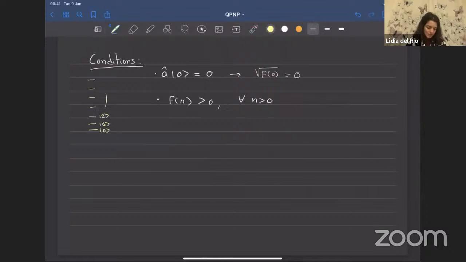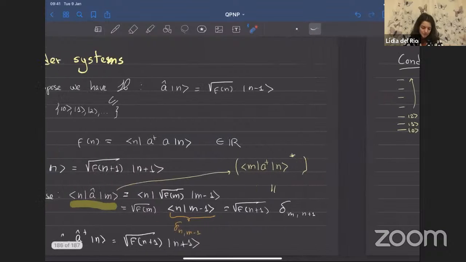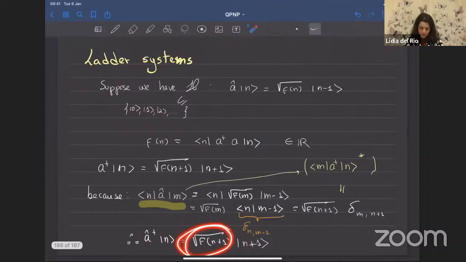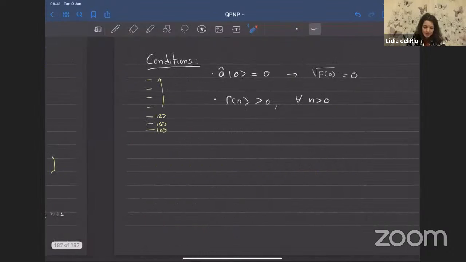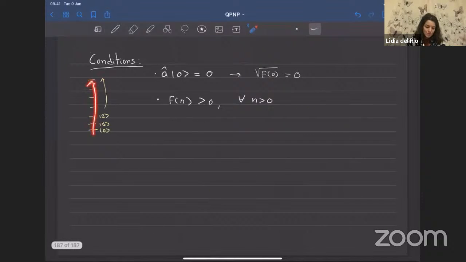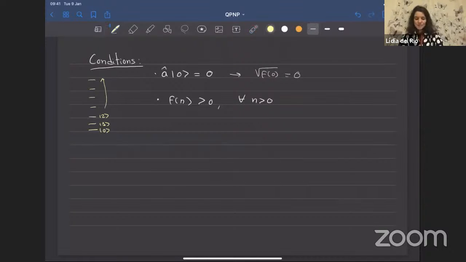Suppose we are able to go to infinity like this, always going up, which means that all these coefficients must be positive. That way it doesn't happen the same as in spin systems, where we reach a top, and if we try to go up, we get 0. That's the difference between spin and ladder systems. Ladder is just, we could go up infinitely. Okay, good. So these are the conditions so far.